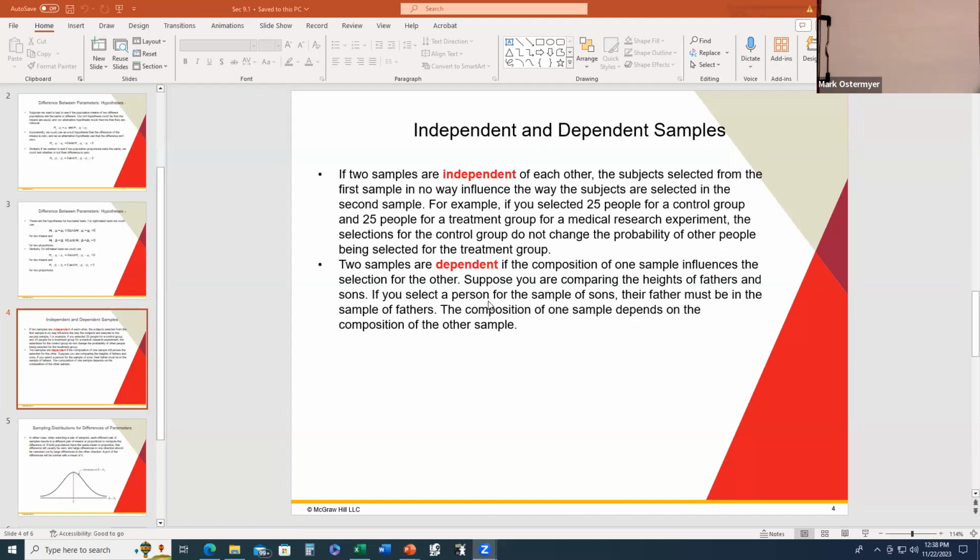Dependent samples would be, suppose we're comparing the heights of fathers and sons. If you select a person for the sample of sons, their fathers must be in the sample of fathers. And obviously, these samples have a dependency upon one another, just by the biological connection between a father and a son. So these would be dependent samples here.